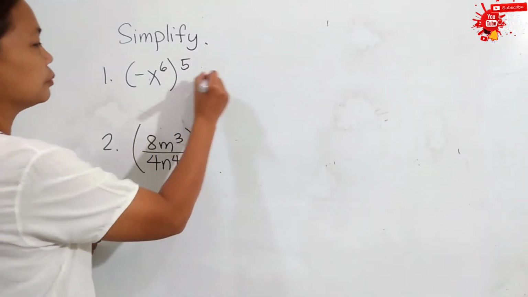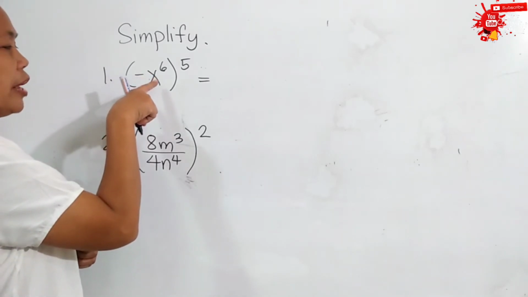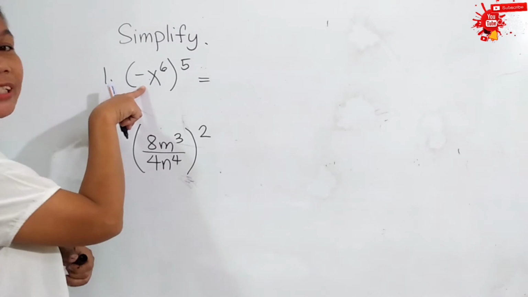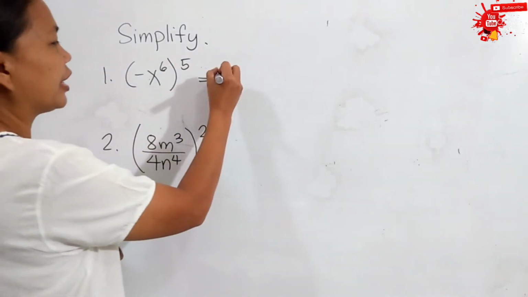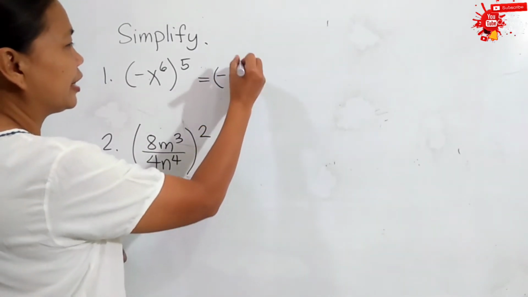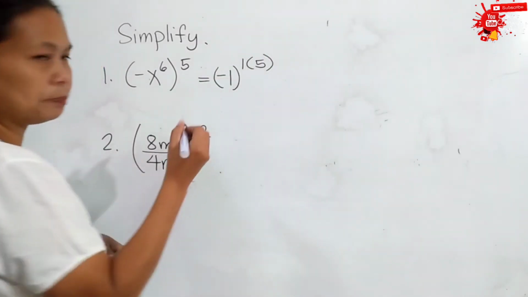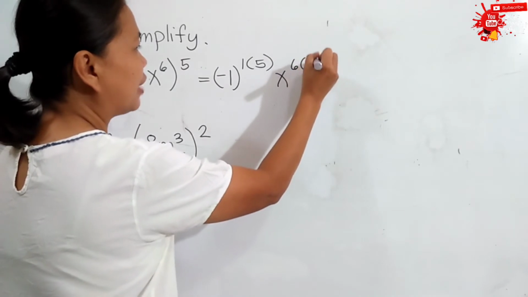So if we have negative x raised to 6, it means that the numerical coefficient is negative 1. Okay? So negative 1 as the numerical coefficient has an exponent of 1, then multiplied by 5.